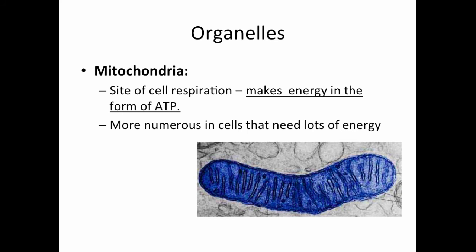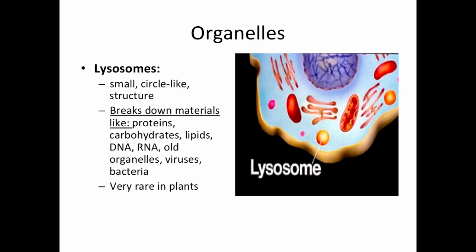It's very numerous in certain cells and smaller in other cells. For example, it's very numerous in your muscle cells because there's a high demand for energy and ATP in those, whereas in your stomach cells, there's not as much demand, so there's not as high a number of them.